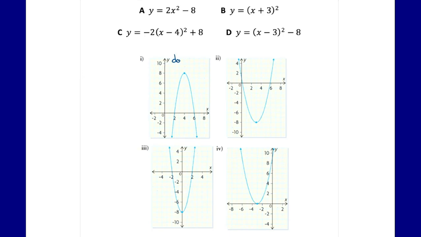This opens down. Without even looking at anything else, there's only one equation that has a negative a value, and that would be C. Because C is the only one that has a negative a value, this one here has to be C. It's the only one that opens down.